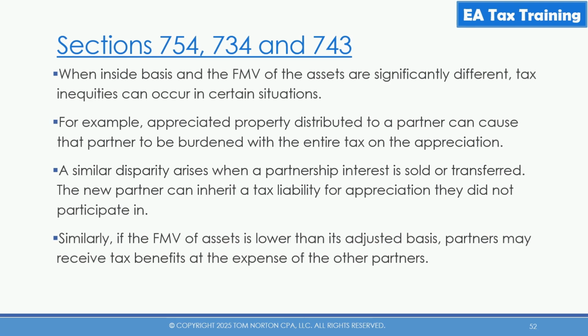All of the partners shared in earning that gain. That increase in fair market value occurred while that asset was within the partnership. So all of the partners should have to share the burden of that increase in value. So without Section 754, that one partner would have to pay the entire tax on that asset.